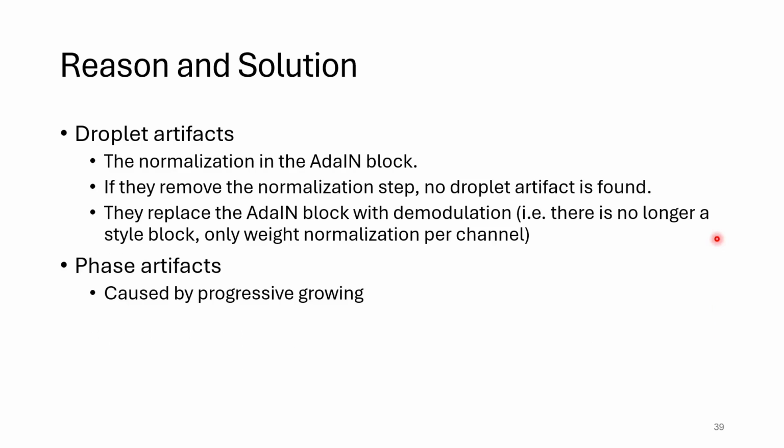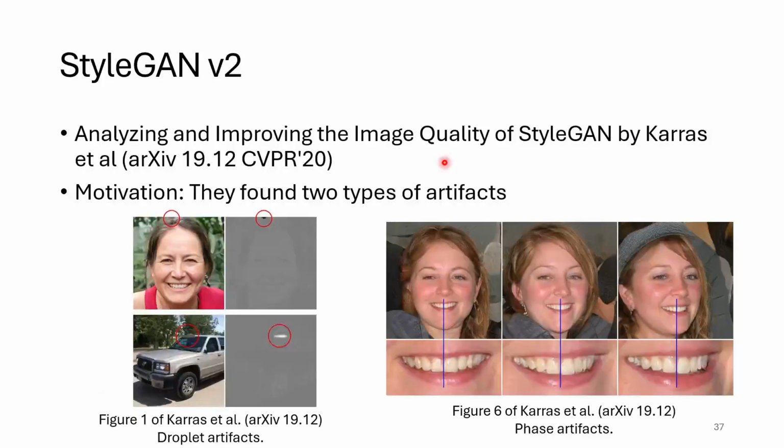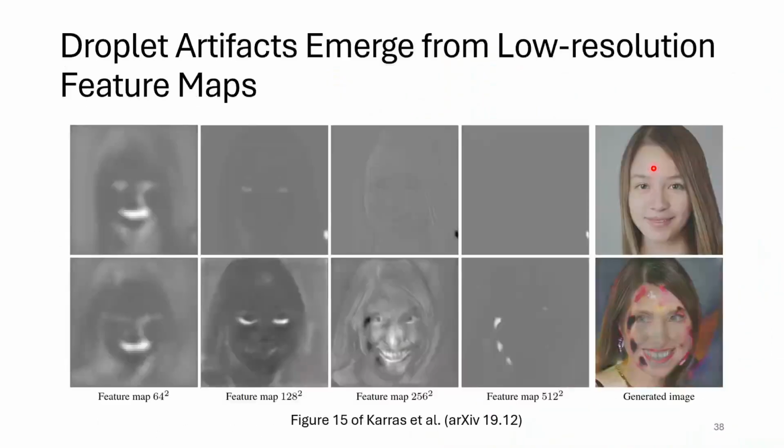It is caused by the AdaIN block, because if they disable all of the AdaIN modules, there is no such droplet artifact. However, as you can see, AdaIN is the key point of StyleGAN V1. If you remove AdaIN, it is no longer StyleGAN. So what do they do?